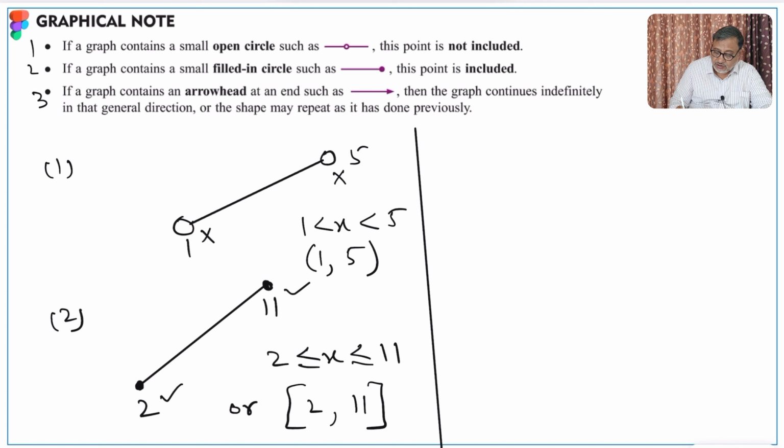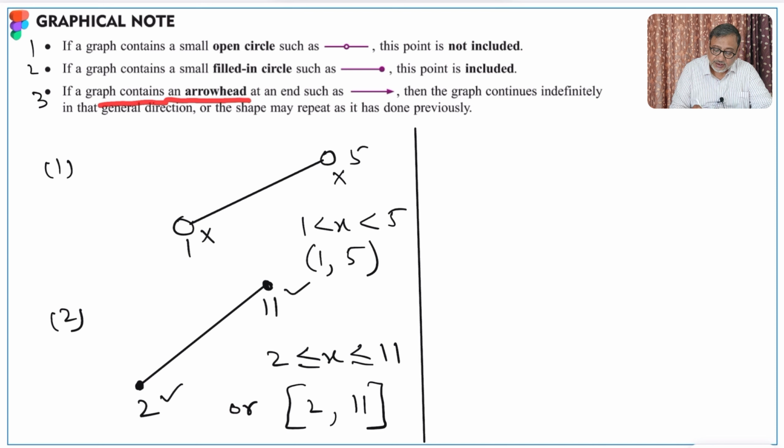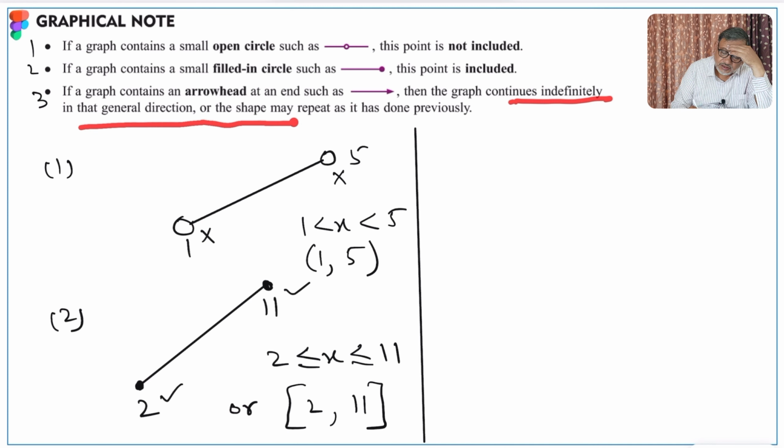Now third example says, if the graph contains an arrowhead at an end such as this one, then the graph continues indefinitely in the general direction, or the shape may repeat as it has done previously. Look here.